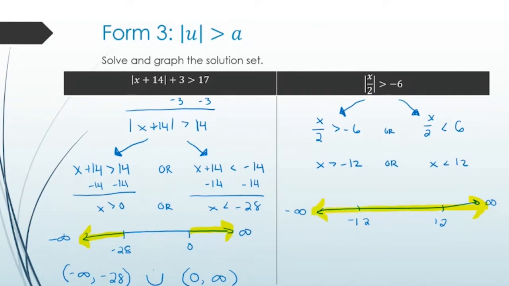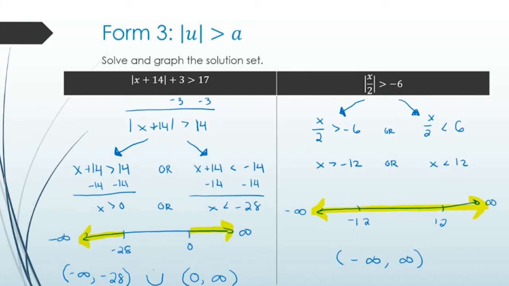Well, now everything is highlighted. So that means our whole number line is the solution. In interval notation, it says negative infinity to infinity, because our left endpoint is negative infinity, our right endpoint is infinity. So the whole number line is a solution. This is all real numbers for the solution.